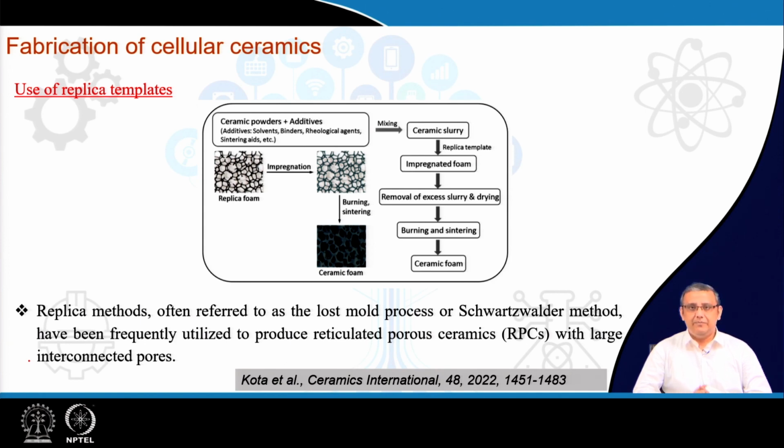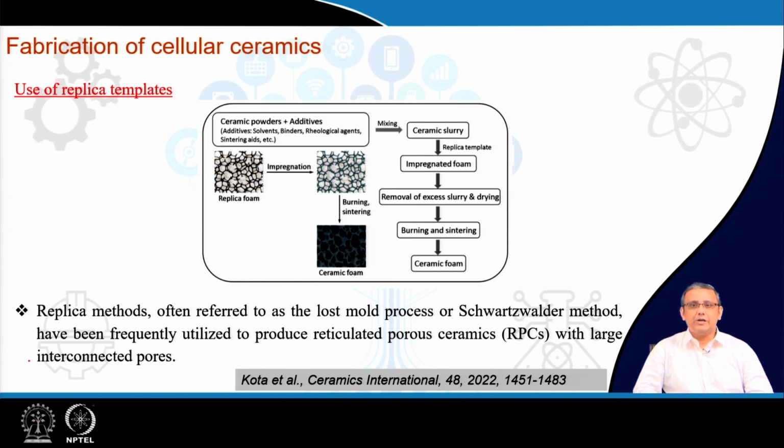After this coated body is obtained, the next stage is, as always, burning and sintering. During the burning process, the polymer cores of the struts decompose, and only the ceramic coating on the struts remains.